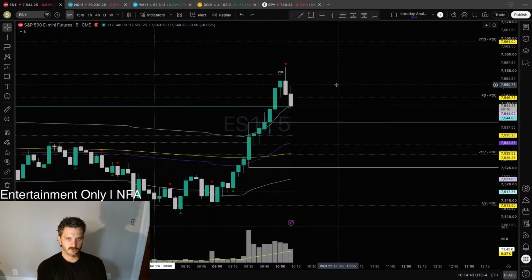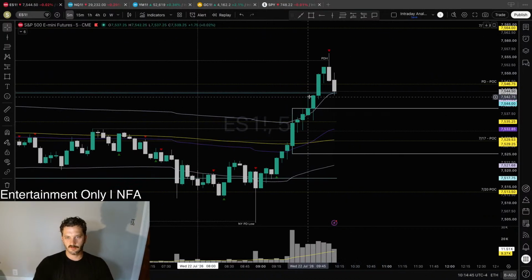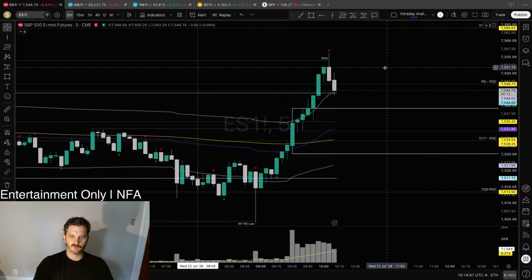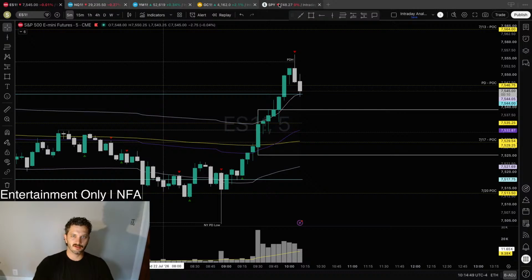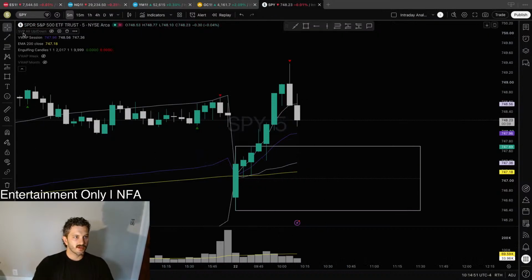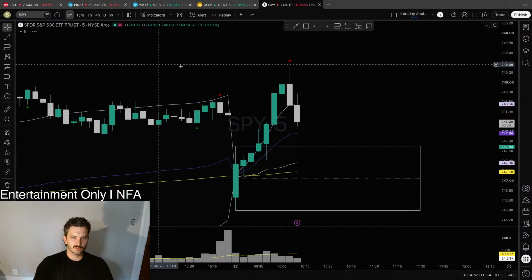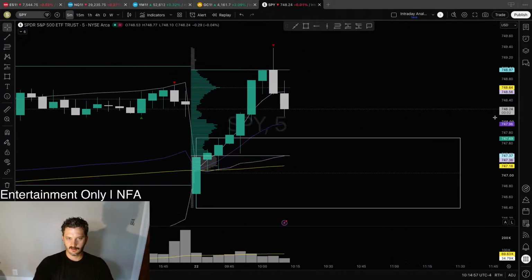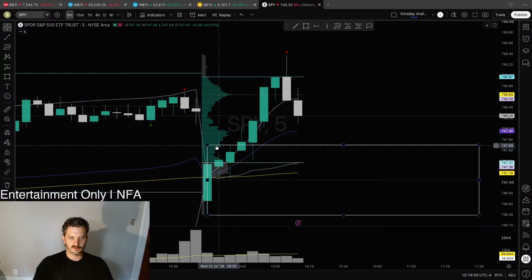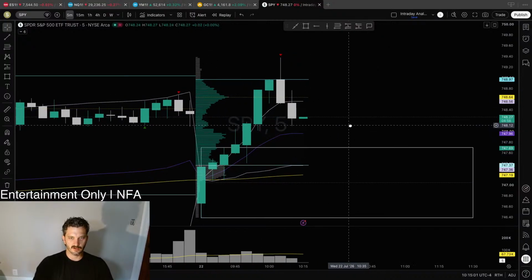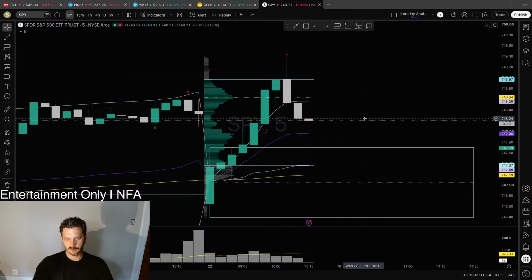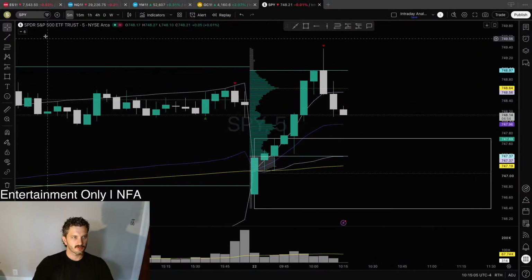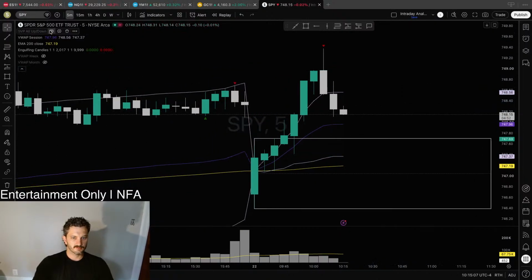So now on ES specifically, we're coming into our value area high and our one standard deviation VWAP band. Let me add in my session volume profile on SPY. It just looks so different because it's the cash, so it opens at, you know, turn that off.